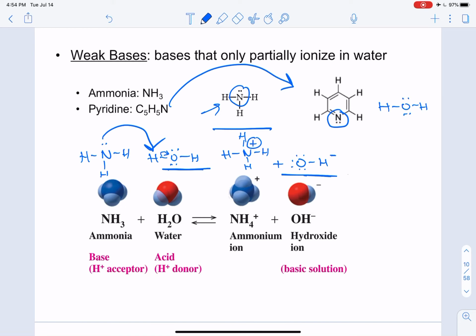the electrons on the nitrogen will reach over and grab that hydrogen. They'll say, come here. And then those electrons that are between the hydrogen and the oxygen are going to fall back onto that oxygen, and it's going to make hydroxide. So what you're going to get is this ring here.